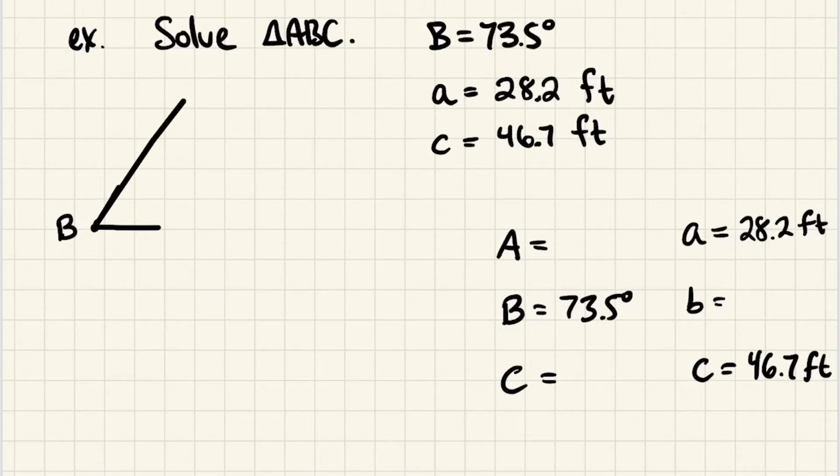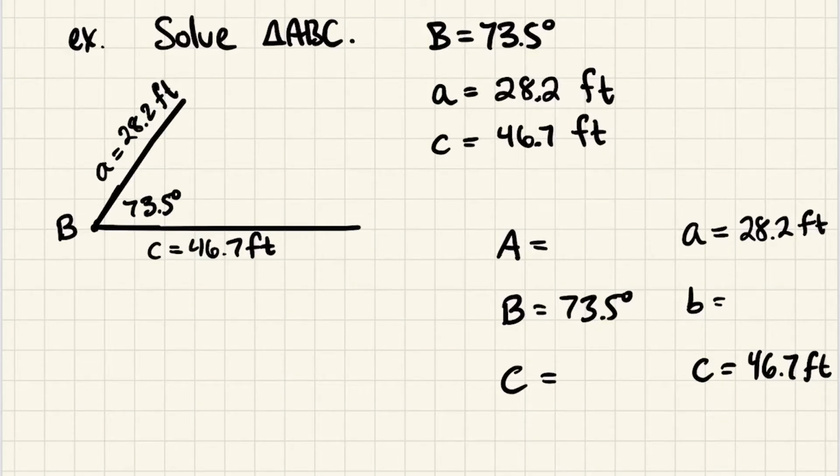So why don't we just decree that that is side a, and it's 28.2 feet. Which means that down here will be side c, which is 46.7 feet, and that's about 1.6 times longer than the other one. So maybe something like that. And internally we have angle B, which is 73.5 degrees.